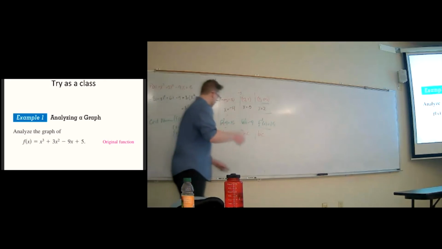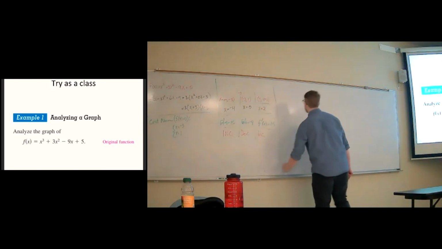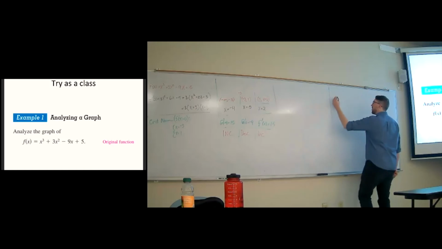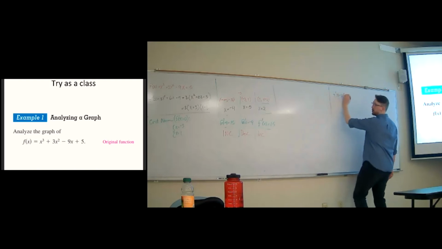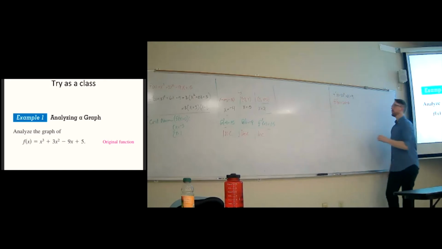All right, now part 2. Part 2, we've got our first derivative was equal to 3x squared plus 6x minus 9. So our second derivative is equal to 6x plus 6, which we can factor.